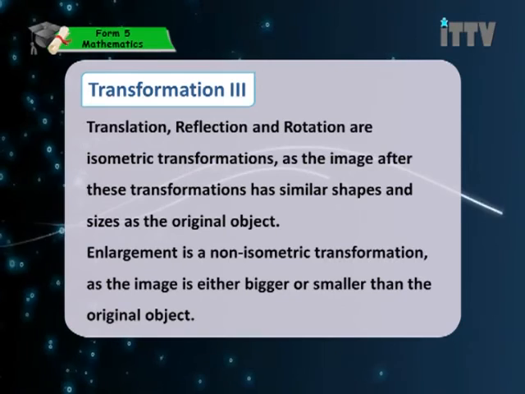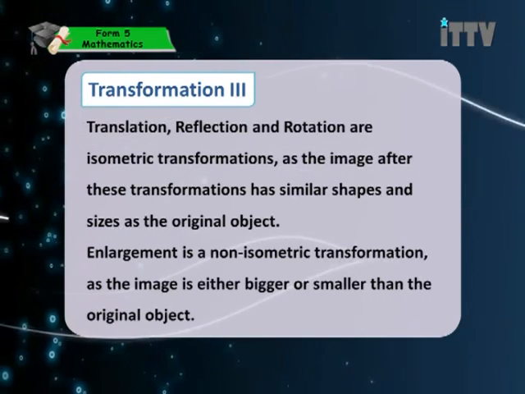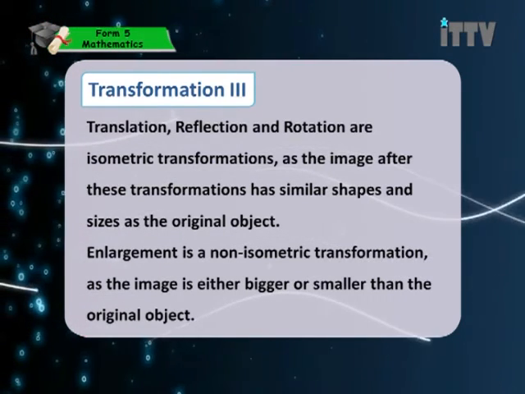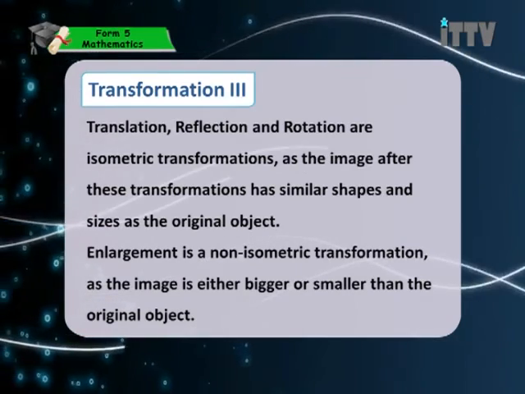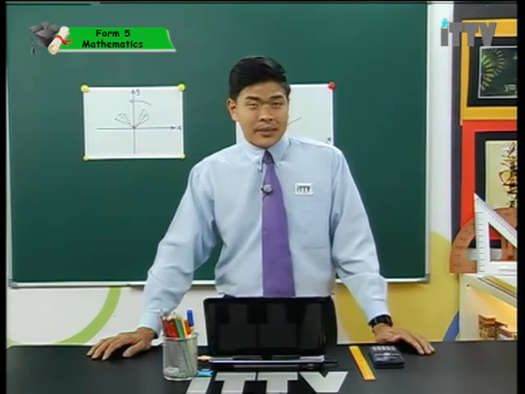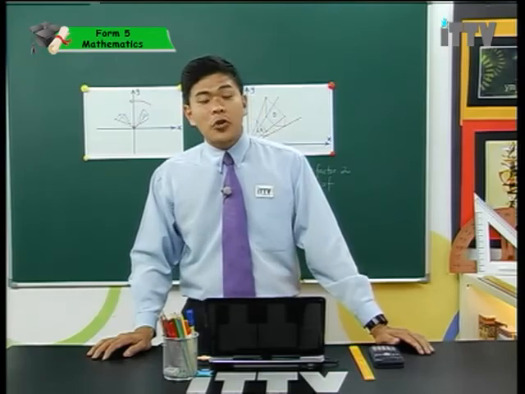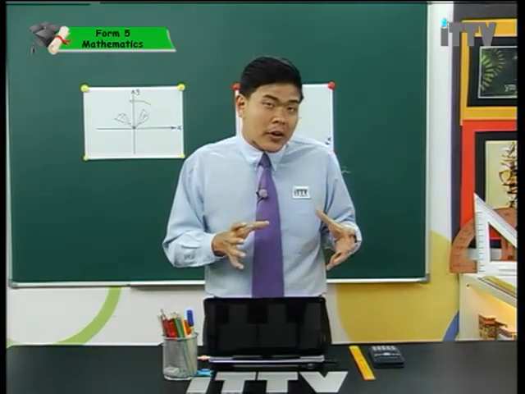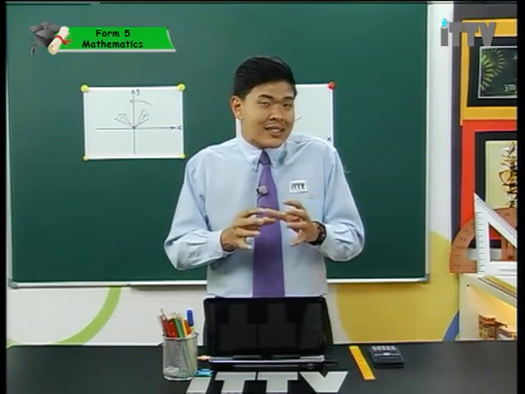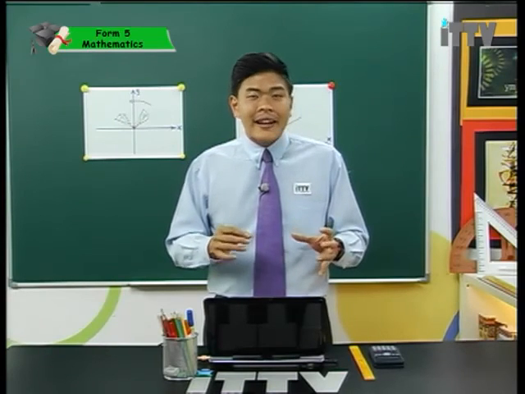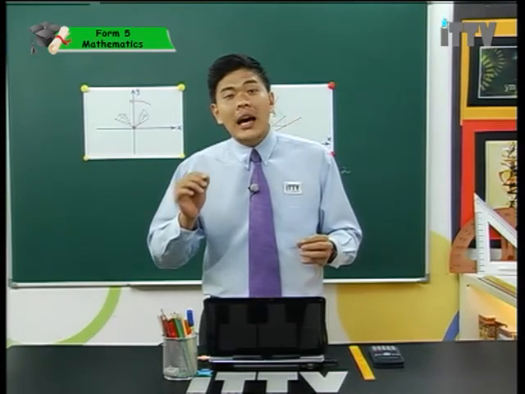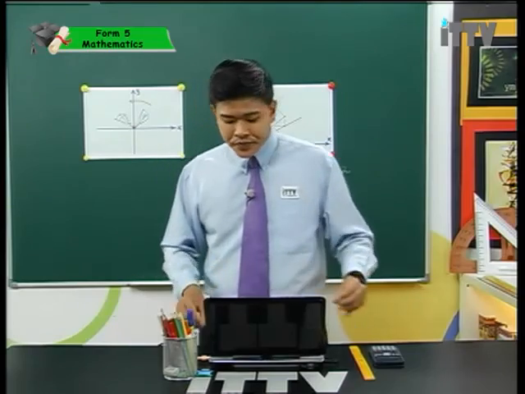Enlargement is a non-isometric transformation, as the image is either bigger or smaller than the original object. Iso means same, metric means size. Enlargement is the only non-isometric transformation.